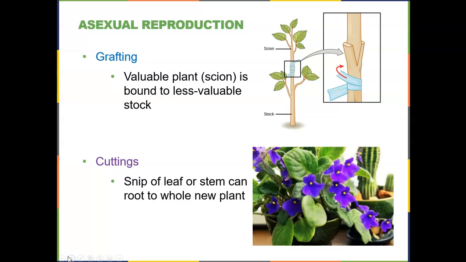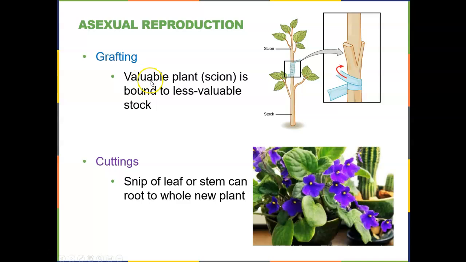And then for our last part of this chapter, we're going to talk about asexual reproduction. Angiosperms, although they primarily reproduce by sexual reproduction, can also reproduce asexually. One way that's done in agriculture quite commonly is called grafting.